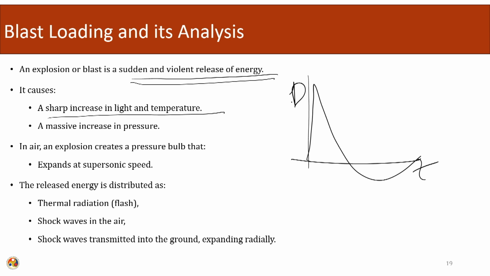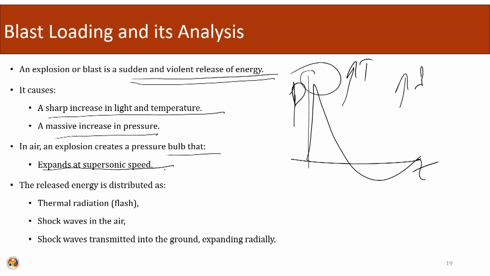The temperature will increase suddenly, there will be an increase in the amount of light, and there will be a massive increase in the pressure, which we can see from this Friedlander's profile. In air, an explosion will create a plastic bulb that expands at supersonic speed, so it will travel at a supersonic speed.